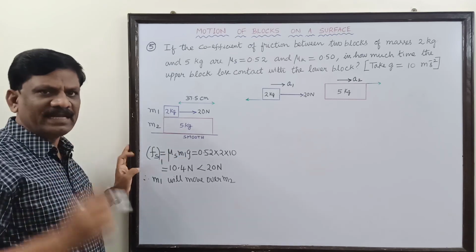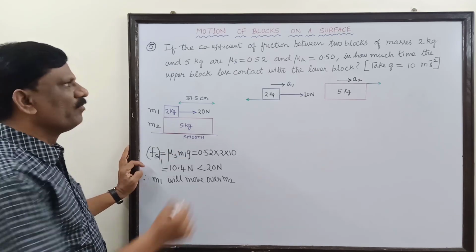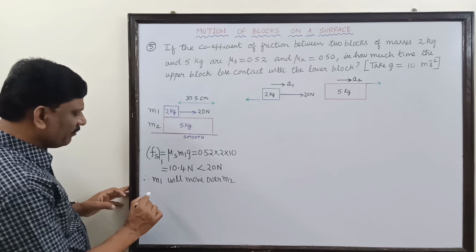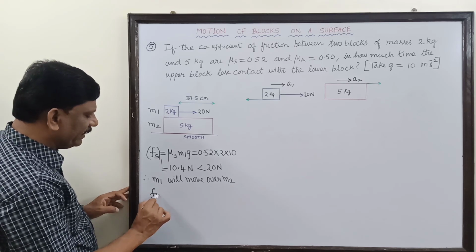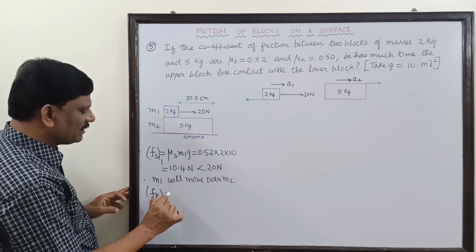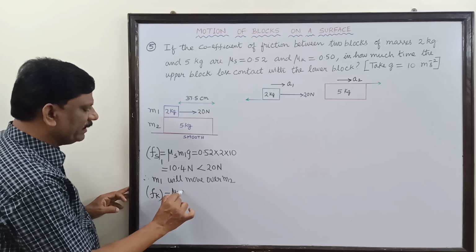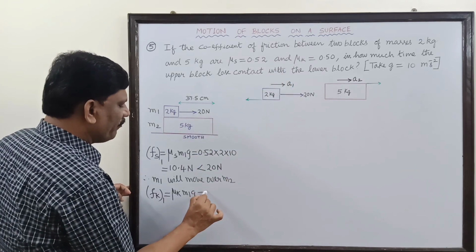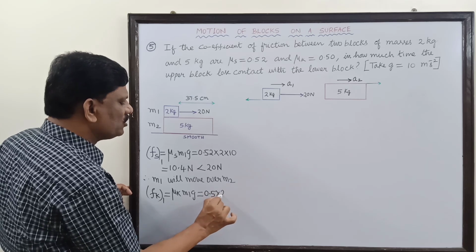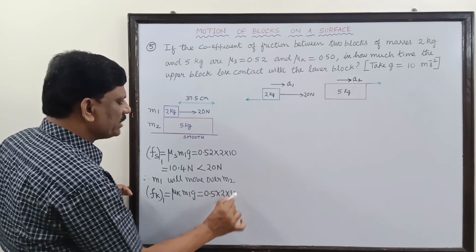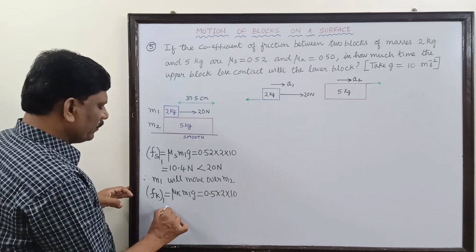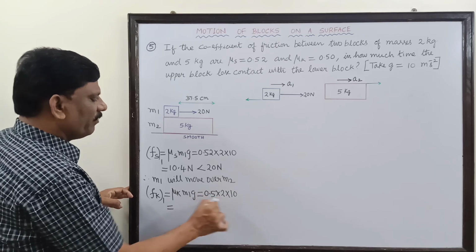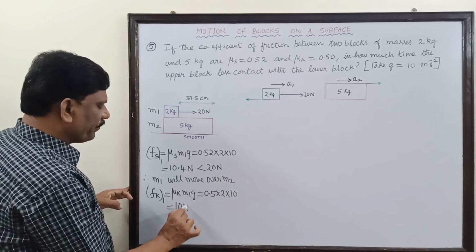We have to find the acceleration of the first mass, is it not? So we need to find the force of kinetic friction. So F kinetic on the first mass is equal to mu kinetic into m1 into g. So mu kinetic is 0.5 into mass is 2 into g is 10. So 5 into 2 is 10 Newton.